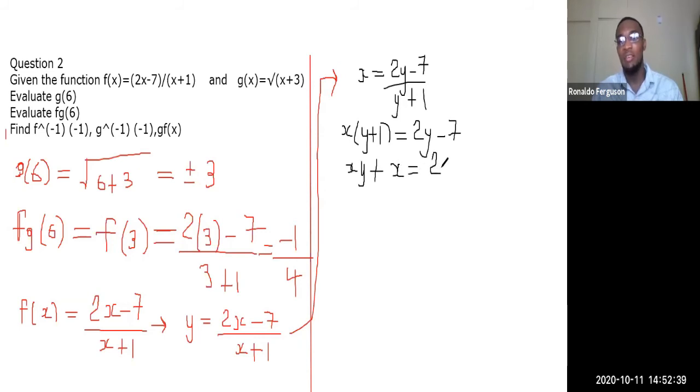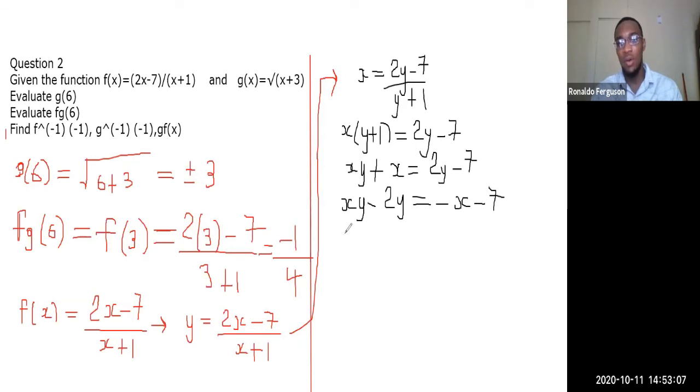So remember, we need to make y the subject, so we'll factorize it, we'll only have y on one side, right? Because we want y in terms of x. So we're going to bring over the 2y over here, so we'll get xy minus 2y is equal to, we bring over the minus x over there, so to get minus x minus 7.